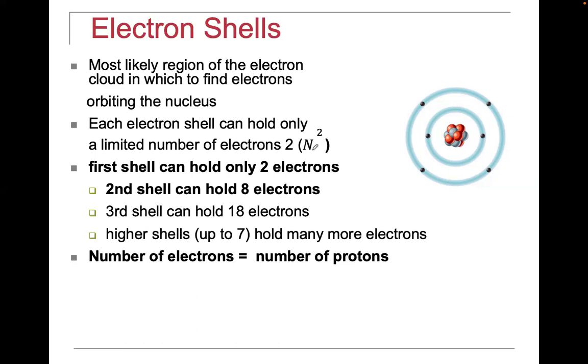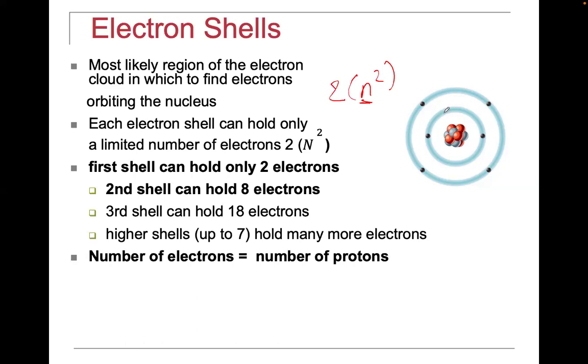And here's how you figure out how many electrons can be held in each electron layer. So the formula is 2n squared, where n would equal the number of the shell that we are referring to.